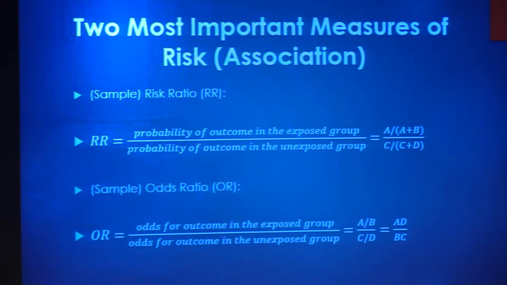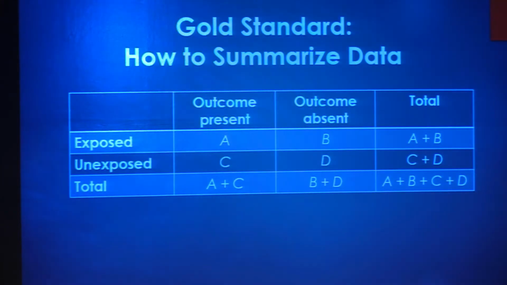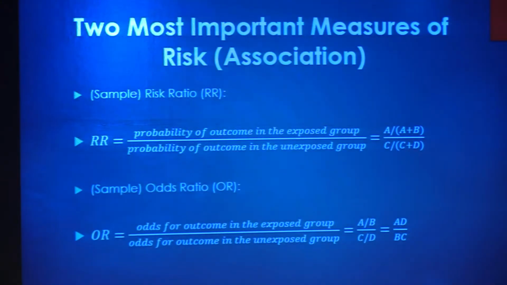The odds ratio is a little bit different. This is the ratio of two odds, but it's a similar idea. In the numerator, I'm going to have the odds for outcome in the exposed group, which is A over B. Remember, the number of favorable outcomes divided by the number of unfavorable outcomes. That's your favorable outcomes, A, divided by unfavorable outcomes, A over B. And then for the unexposed group, it's just going to be C over D. And that's from that same table, right?